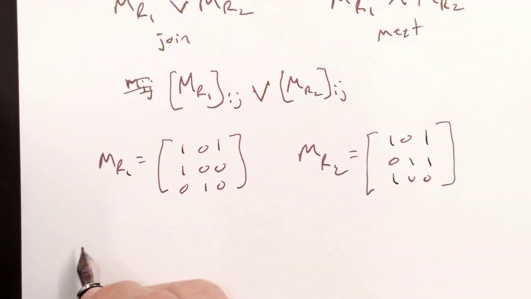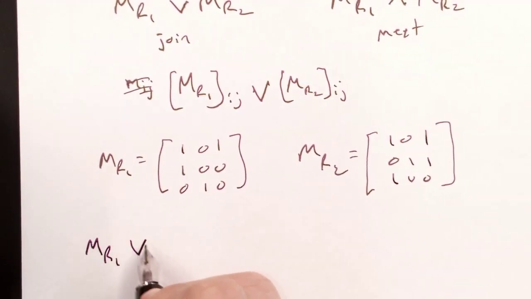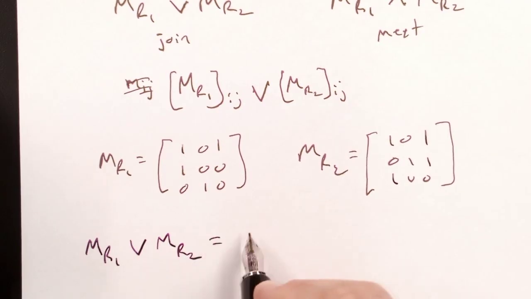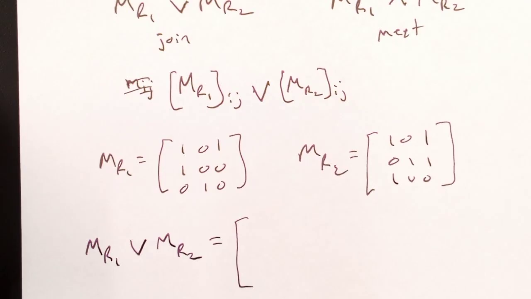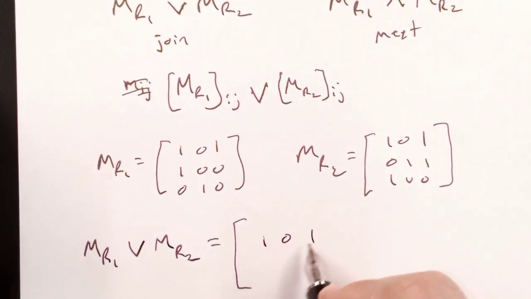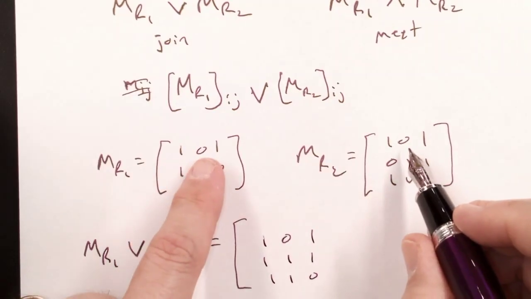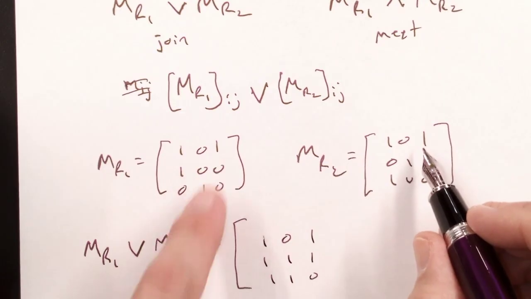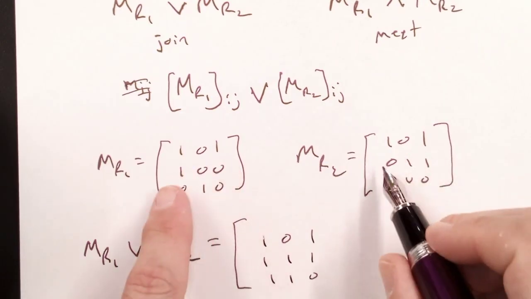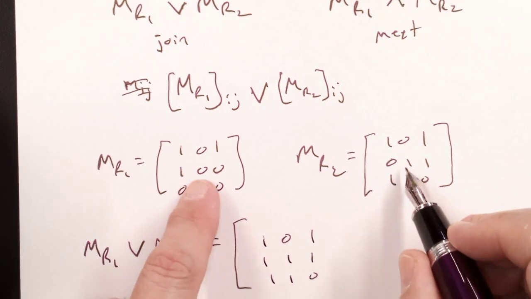What is the join? 1 or 1. 1 or 0 is a 1. 0 or 1 is a 1.